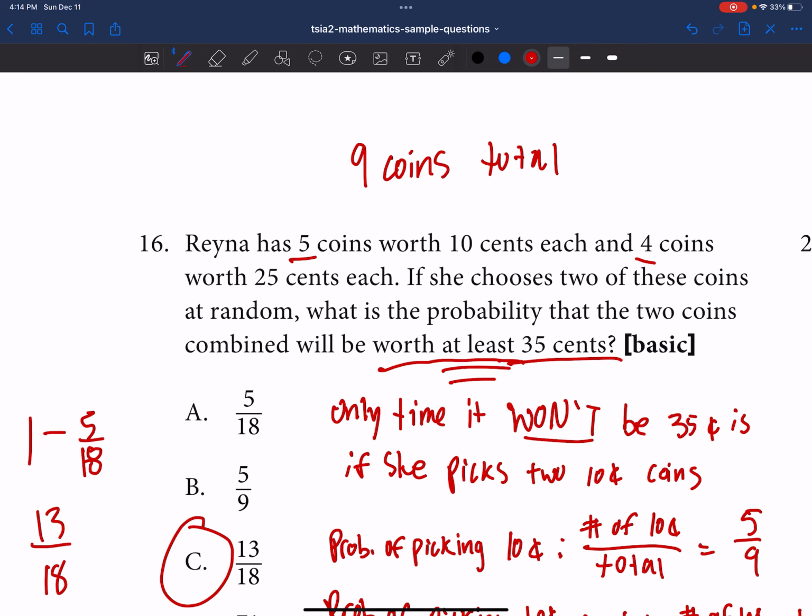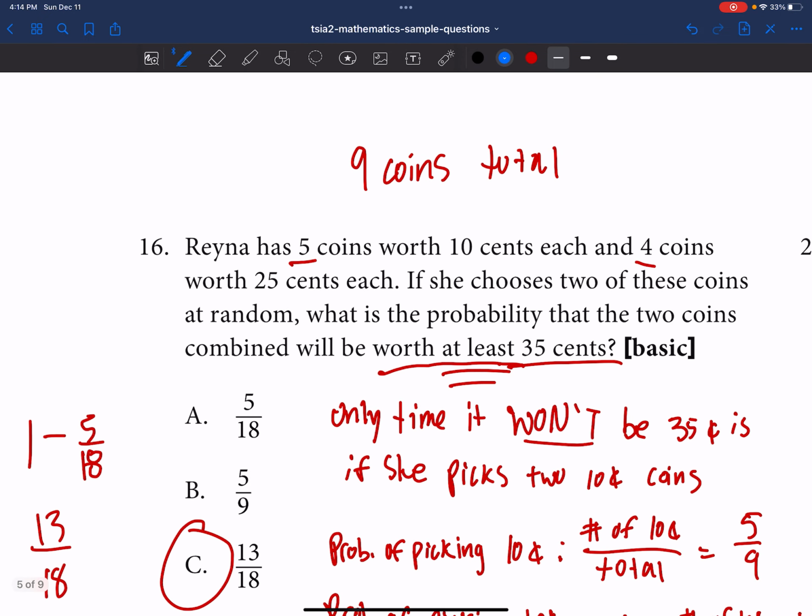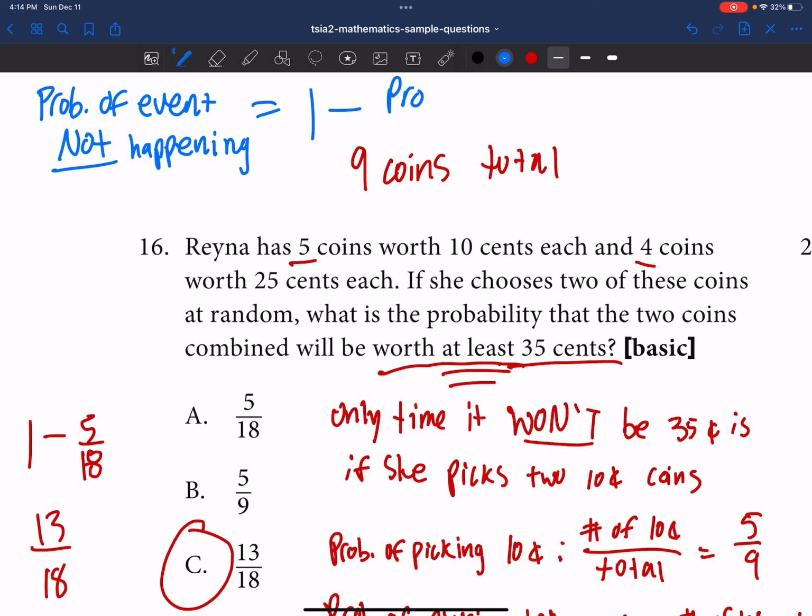So I might write that up here. Probability of event not happening is equal to 1 minus the probability of an event happening.